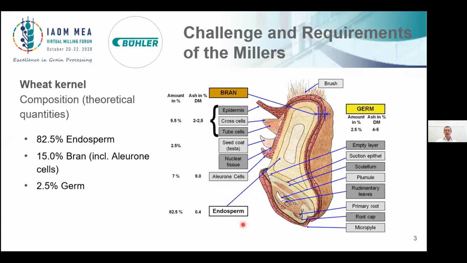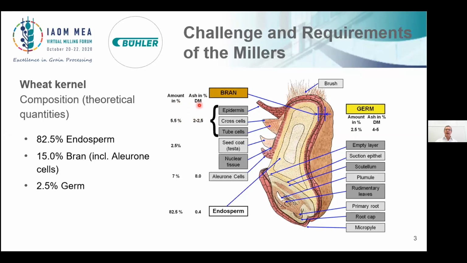We start with the endosperm. The endosperm represents 82.5% of the whole kernel. The bran, all in all, 15% of the total kernel is bran. And when we go for the germ, we find it's 2.5%. Now, the amount is one thing, but the ash is the other.